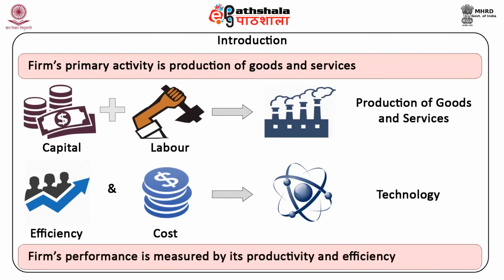A firm's performance is measured by its productivity and efficiency. The rest of this module deals with the production function, its properties and isoquant, methods for measuring productivity and relative efficiency, and finally explores the determinants of X efficiency.